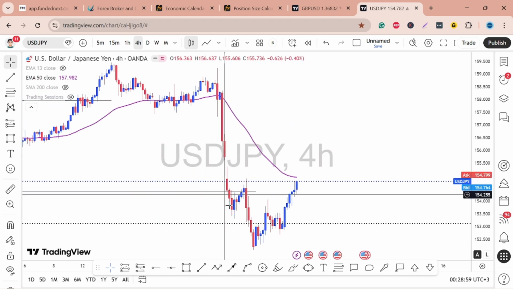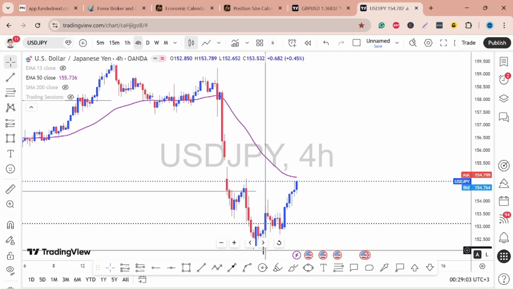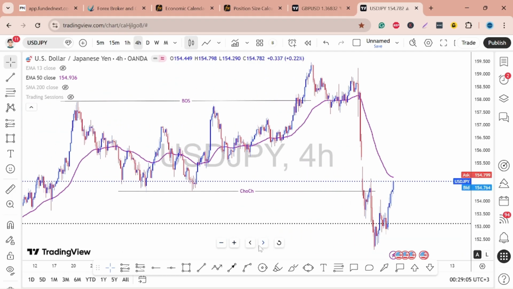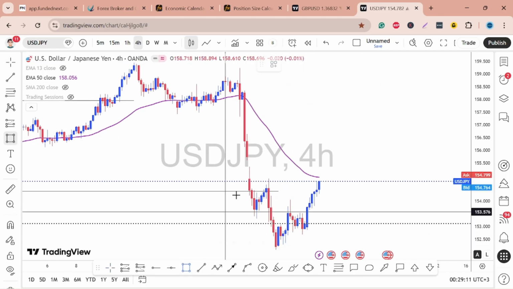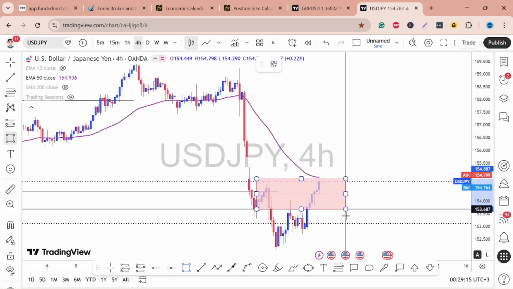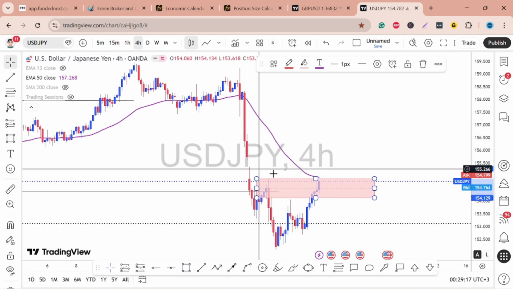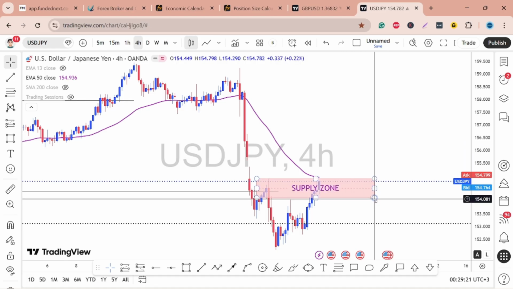However, once we broke out of this level, price reacted in a minimalistic way before continuing down. Currently price is pulling back to this structure over here. I am not sure how the market is going to open, so that we can see the reaction on this, because it's valid.